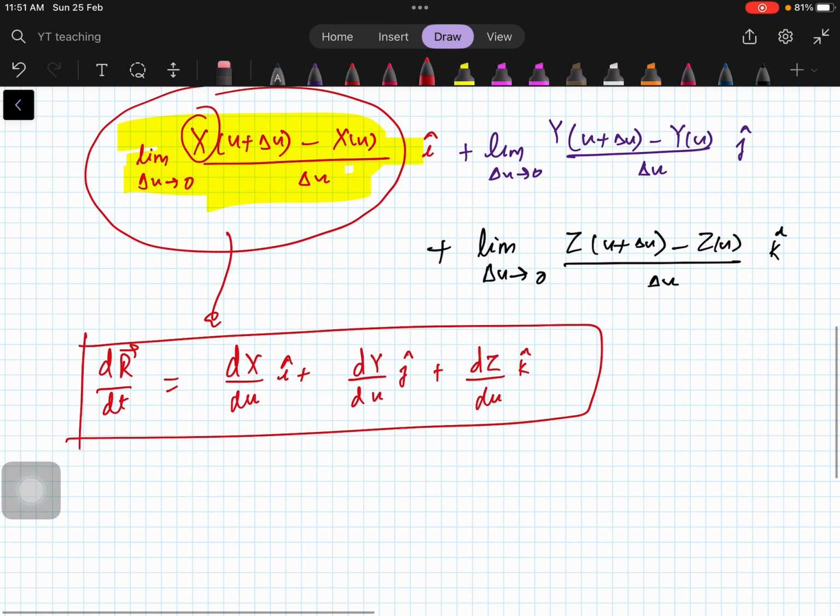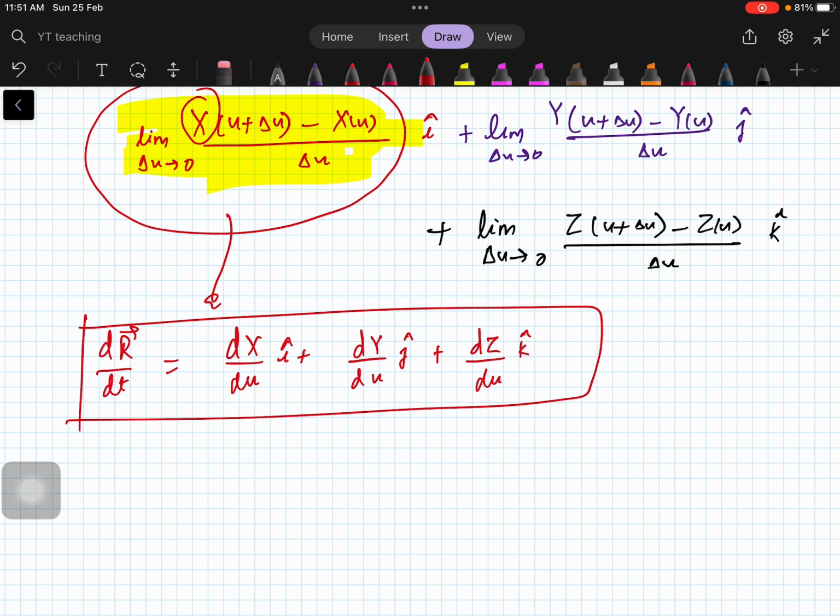Fine. So for example, let us just take something. Say you have a vector r is equal to sine t i cap plus t square j cap plus 2t k cap. Then what will be my rate of change of r with respect to t?